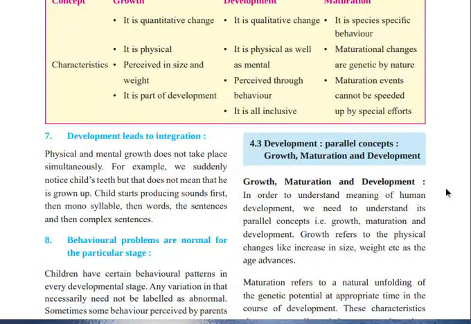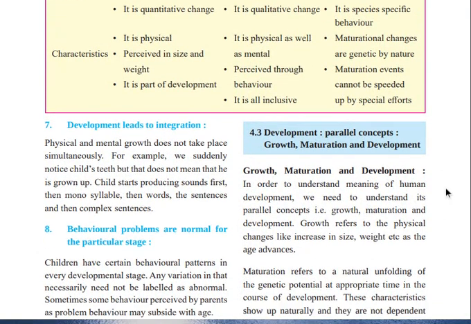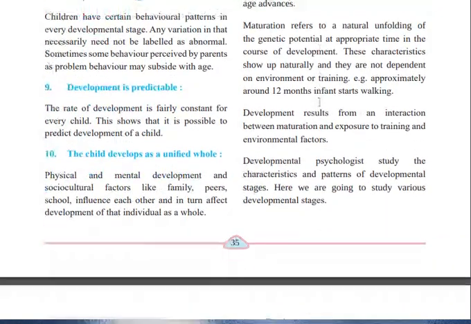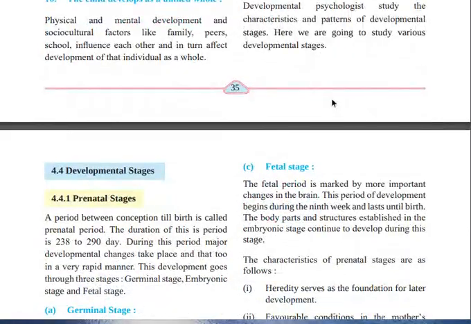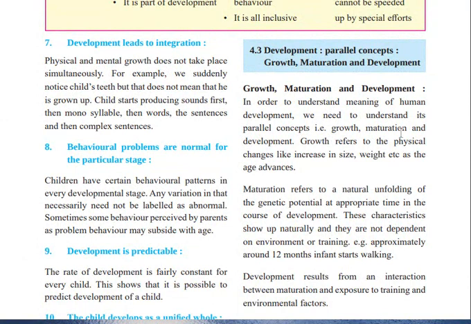Okay. And next is development as a parallel concept. Development is a parallel concept, which means the development is happening in three ways in parallel: growth is on one side physically, maturation is on one side, development is on one side. So it is a parallel concept: growth, maturation, development.